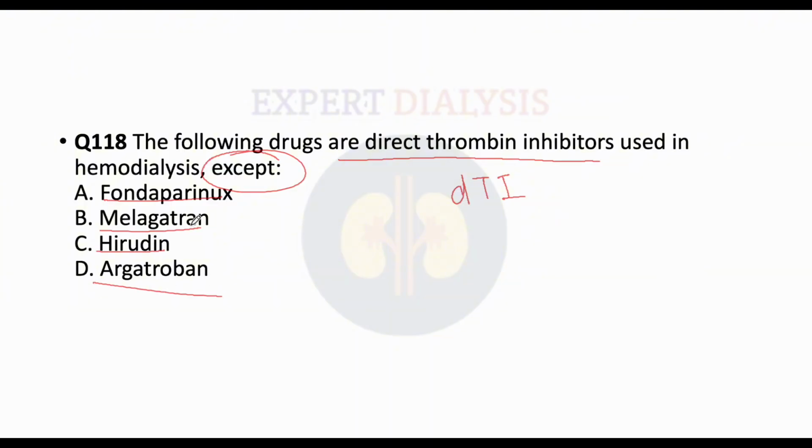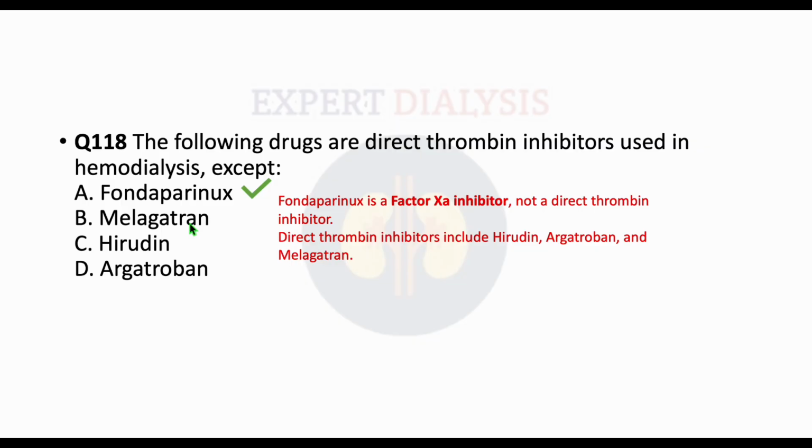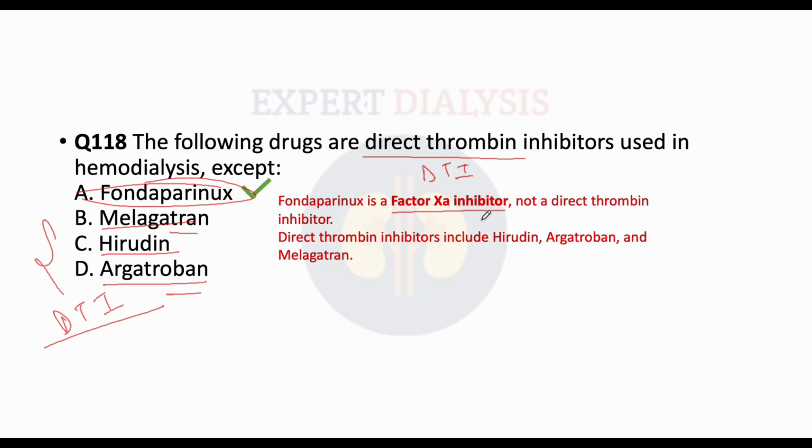So as we know here, the fondaparinux does not fall in the category of DTI, direct thrombin inhibitor, while melagatran, hirudin and argatroban, they all are part of DTI anticoagulants, whereas the fondaparinux inhibits factor 10A and is not a direct thrombin inhibitor.